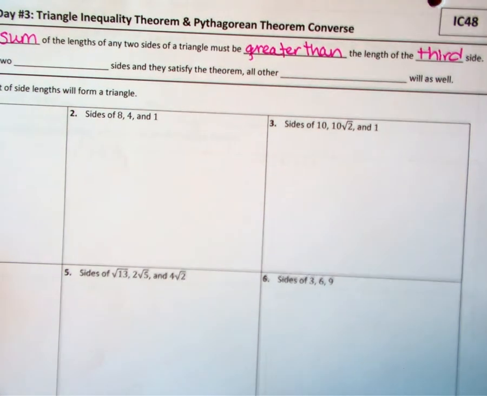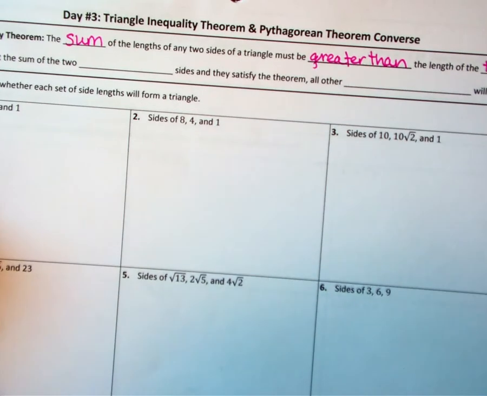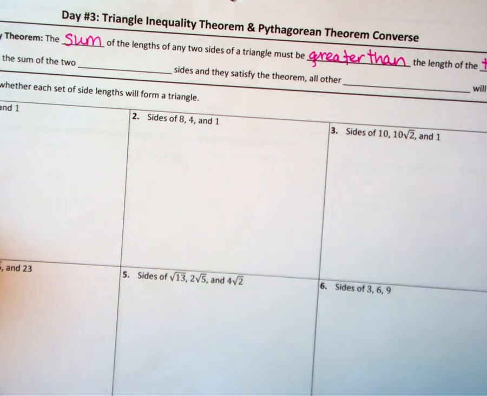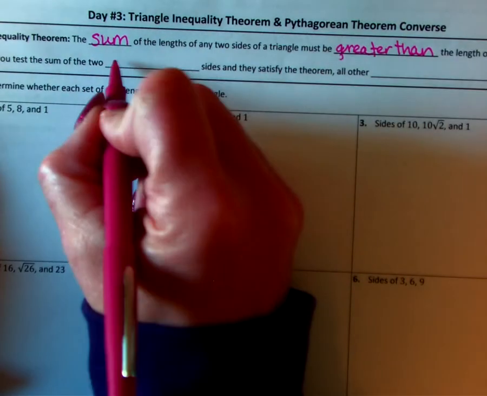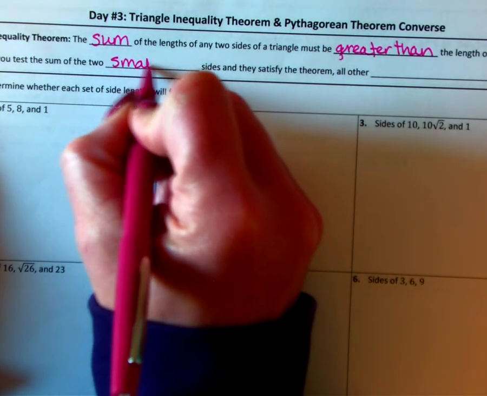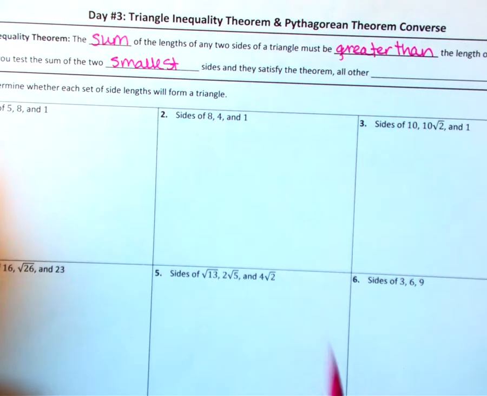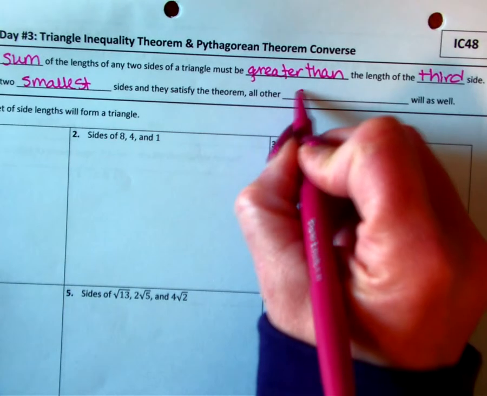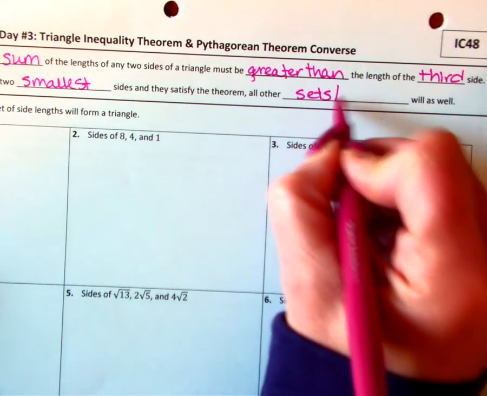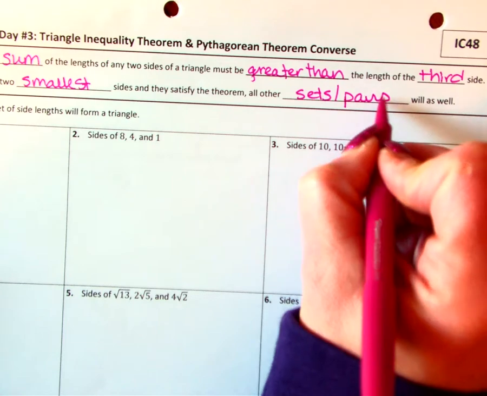third side. Okay, so note here, if you test the sum of the two smallest sides and they satisfy the theorem, then all other pairs of sides that you choose will as well.